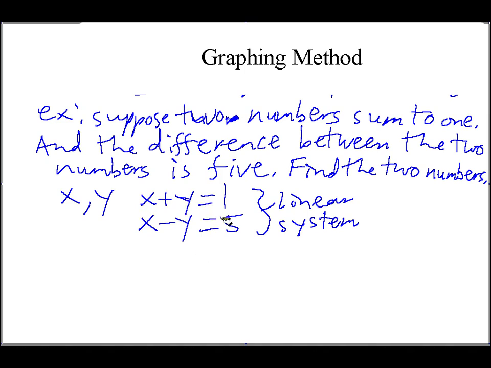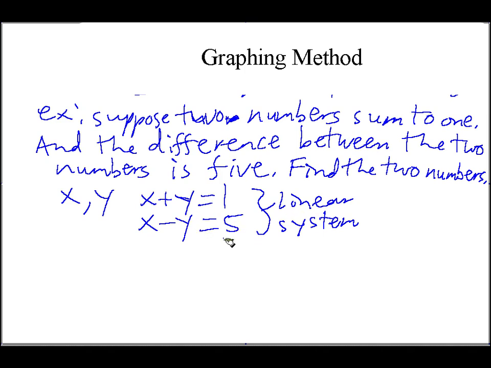Remember, I want you to solve them by graphing in this section. The reason it's called a linear system is that I can get each of these equations into the form mx plus b, which means they are diagonal lines, so they are linear.